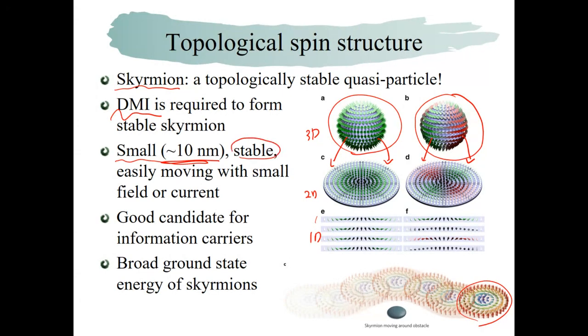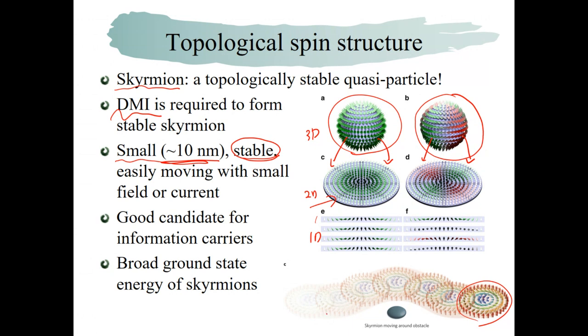And they are very stable because they are topologically protected. That means they cannot be destroyed easily. Also, that means when we give some kind of perturbation, the structure is not disturbed.